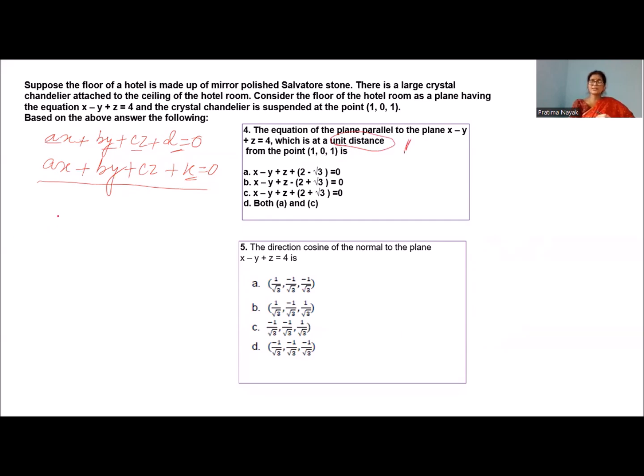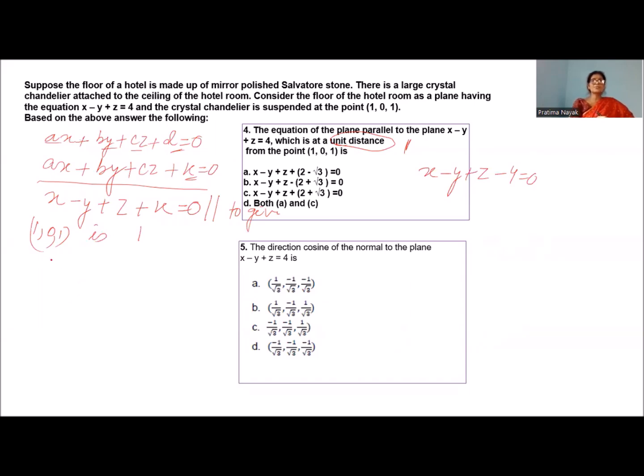So I'll write the distance formula. The given plane is x minus y plus z minus 4 is 0. So I am writing, let x minus y plus z plus k is equal to 0 be parallel to the given plane. Now the distance from (1, 0, 1) is the unit distance part.